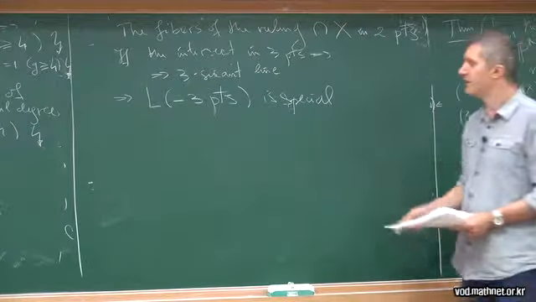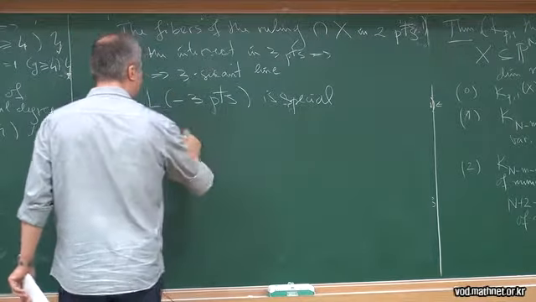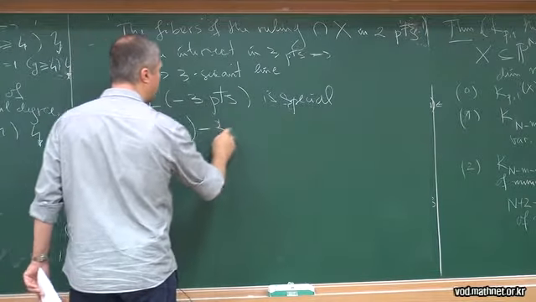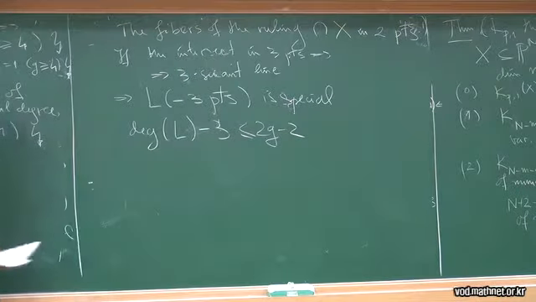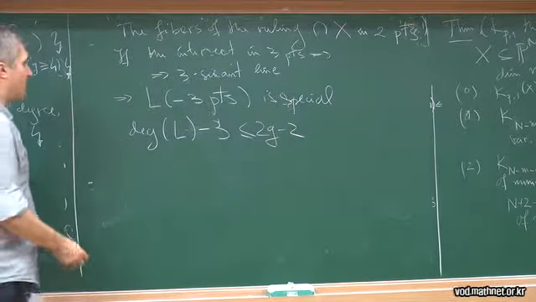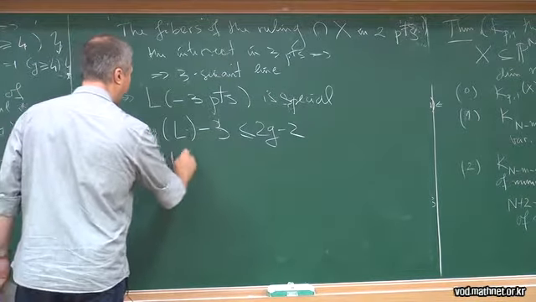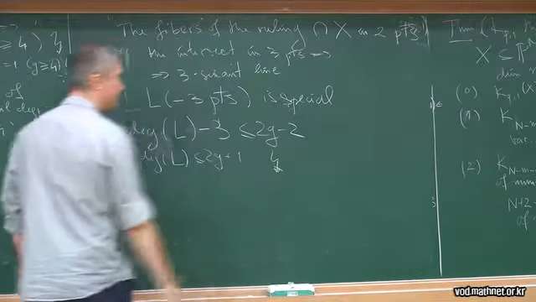And if this is special, then the degree of L minus 3 points, or let's put this, the degree minus 3, is lower than or equal to 2g minus 2. We don't have special bundles beyond this range. But then that would mean that the degree of L is lower than 2g plus 1, which is a contradiction.